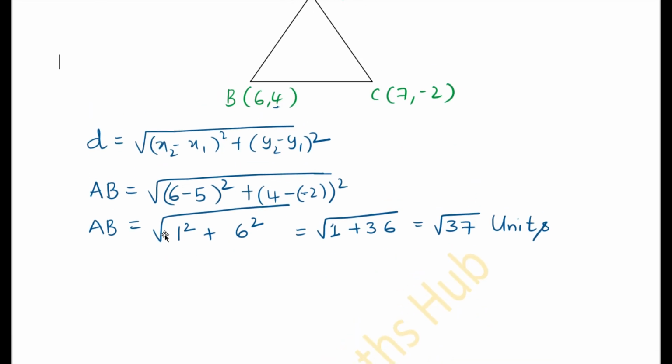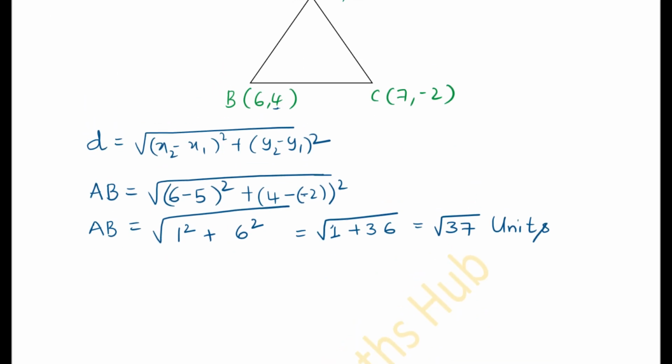Now in the same way we'll find the length BC. BC equals square root of (x2 minus x1) whole square, that is (7 minus 6) whole square, plus (y2 minus y1), that is (minus 2 minus 4) whole square.